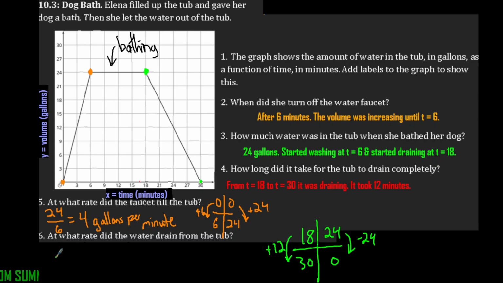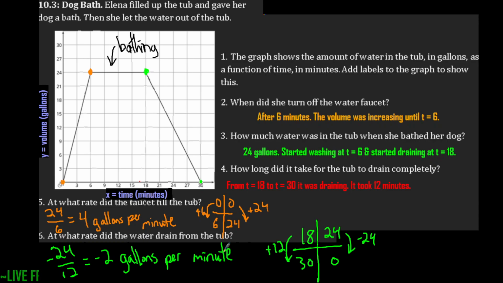And so I can write that as a ratio. So I say negative 24 over 12 equals negative 2. But since it's draining, it would be 2 gallons per minute. So the tub drained at a speed of 2 gallons per minute.